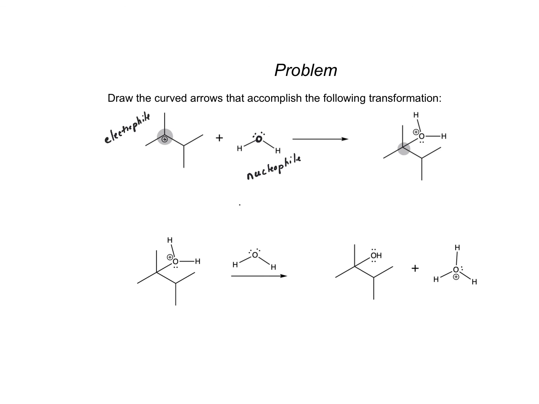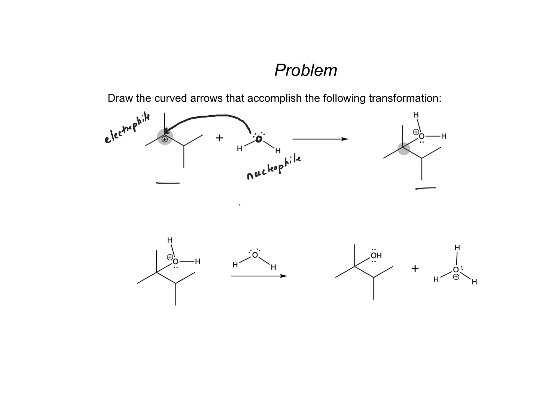So in going from here to here, we're likely going to see nucleophilic attack, right? With nucleophilic attack, we've got the arrow starting on the electrons of the nucleophile, and the head is going towards whatever this electron deficient center is on the electrophile. So we're going to have our arrow starting here and going to form a bond with this carbon.